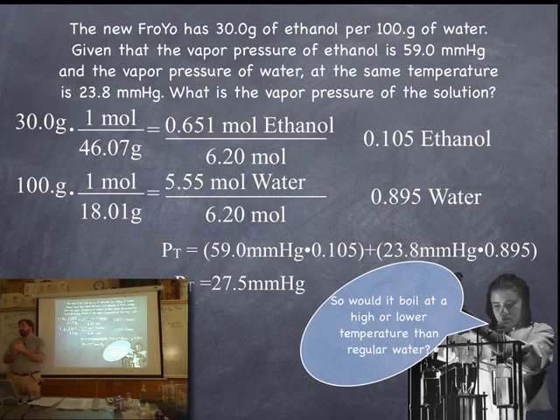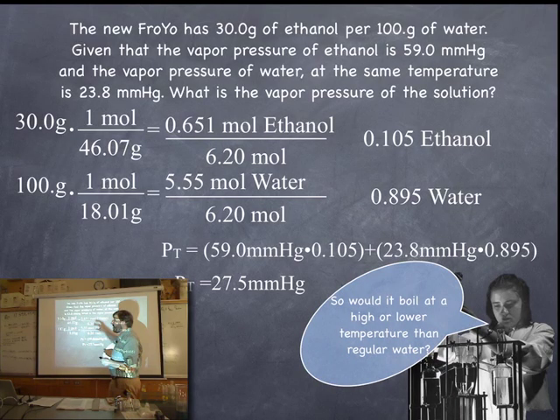Boiling is going to be driven by the vapor pressure. The vapor pressure of this mixture is higher than the vapor pressure of regular water. That means the boiling point will actually be lower. Because the vapor pressure of the ethanol has actually been raised, but the boiling point of the water has been lowered.